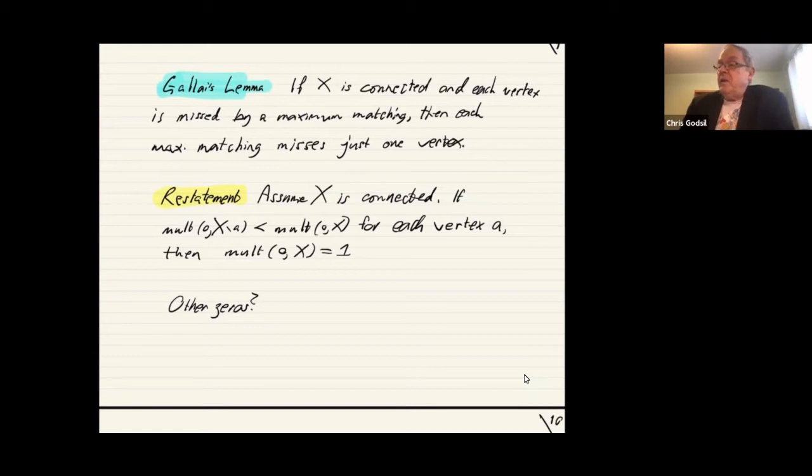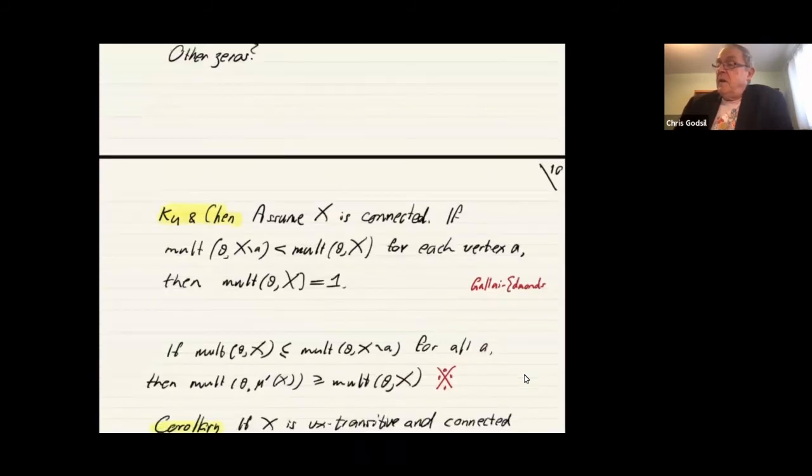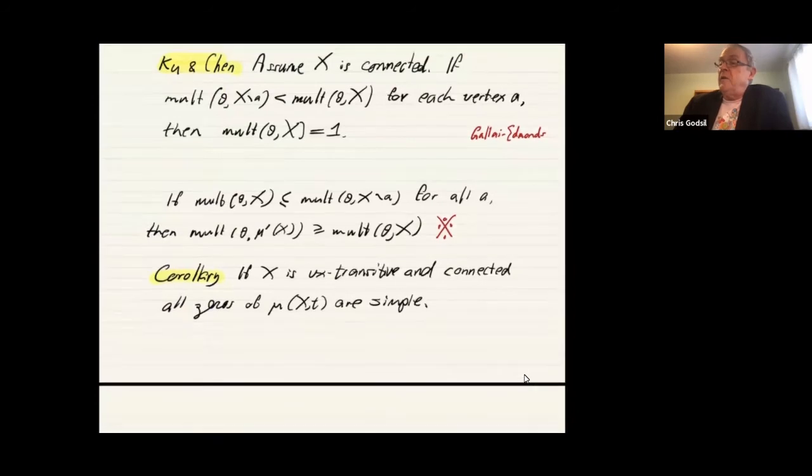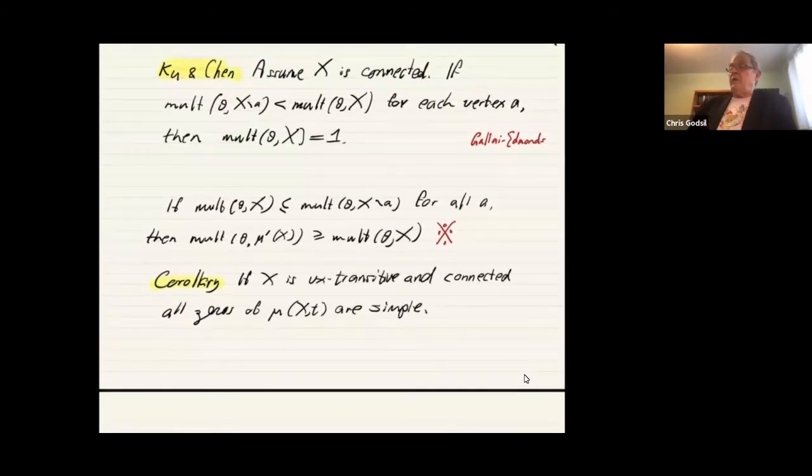Okay, now when you see that, you start wondering, what about other zeros? It's a long story, but the end result is a paper by Ku and Chen. Assume the graph is connected and let theta be a real number. If the multiplicity of theta in x drop A is less than the multiplicity of theta in x for each vertex A, then the multiplicity of theta in x is 1.